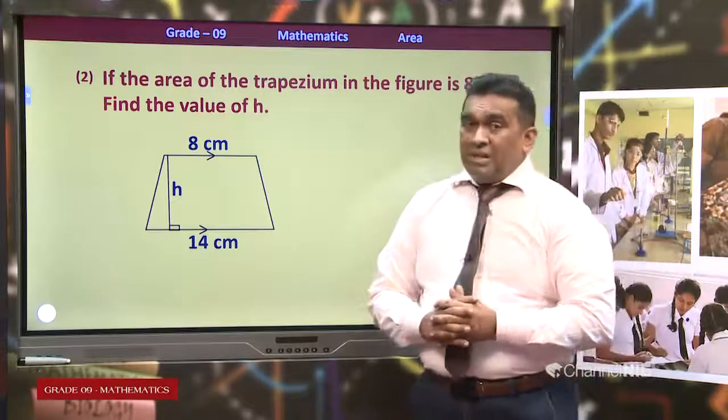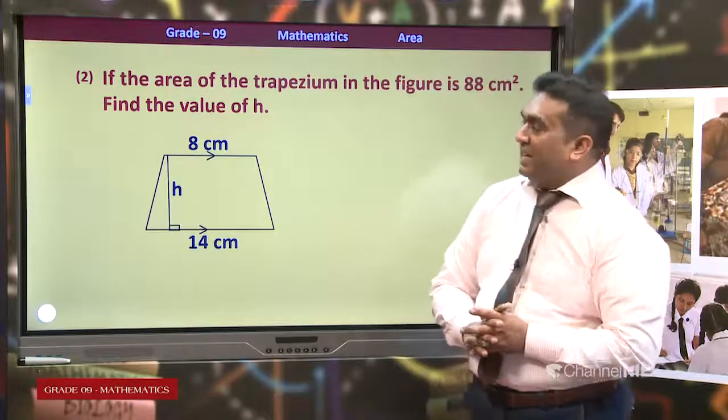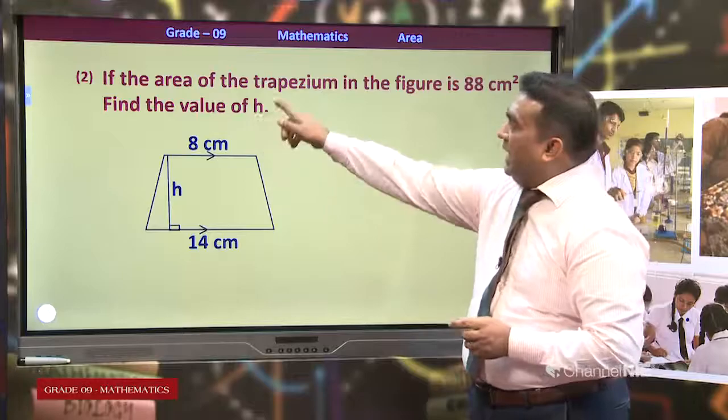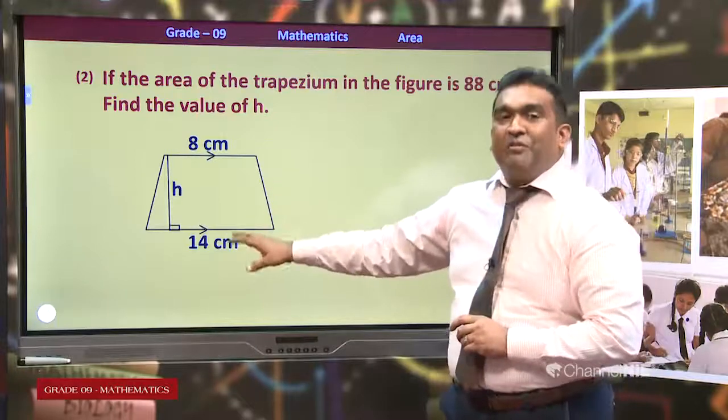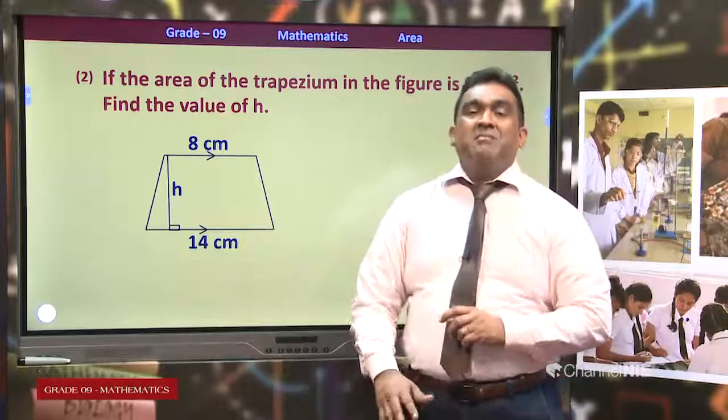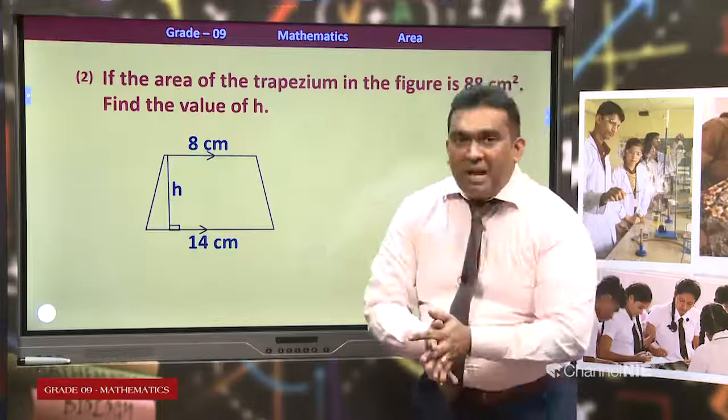Now, the opposite case here. If the area of the trapezium in the figure is 88, find the value of h. How to find the value of h? You have to develop a simple equation in terms of h. Using the definition of the area of a trapezium, you can build up an equation.